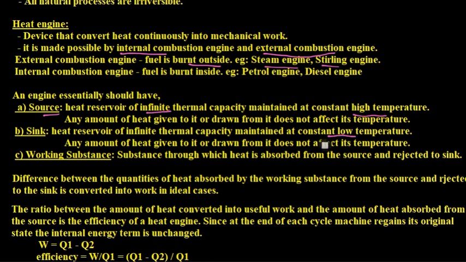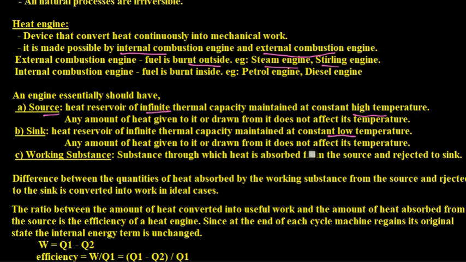Now the third part of the heat engine is the working substance, which is a substance through which heat is absorbed from the source and is rejected to the sink.